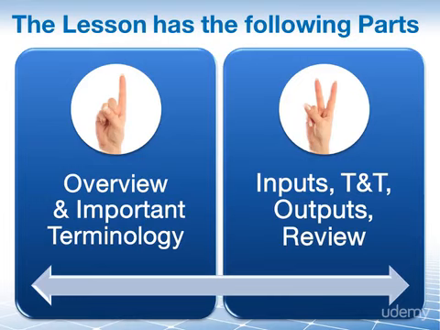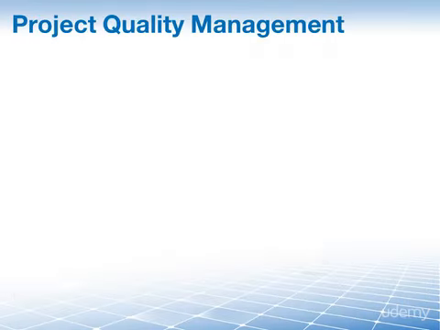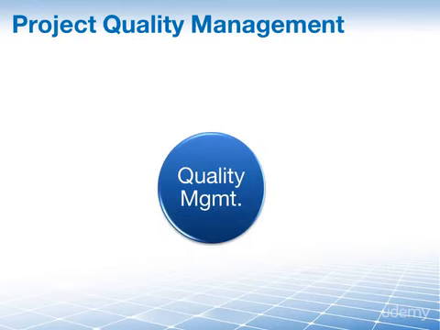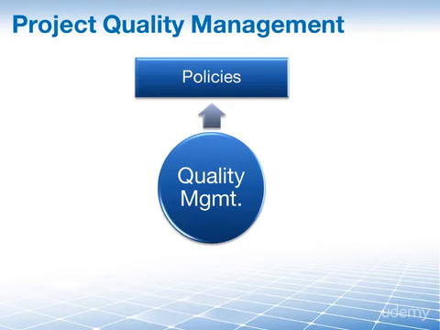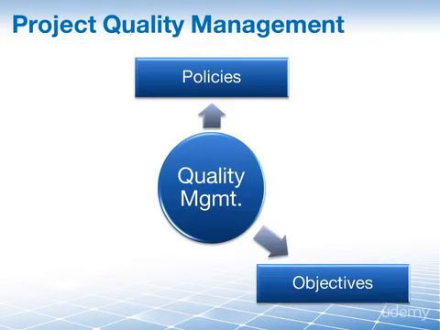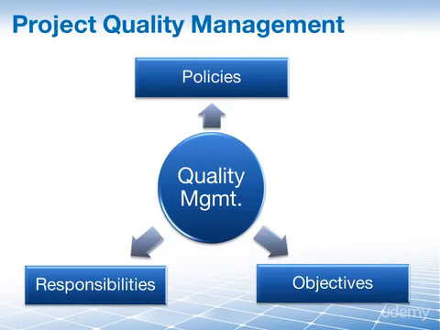But right now, of course, we're going to go all the way to the top, and we'll take a look at project quality management first. Project quality management includes the processes and activities of the performing organization that determine quality policies, objectives, and responsibilities so that the project will satisfy the needs for which it was undertaken.